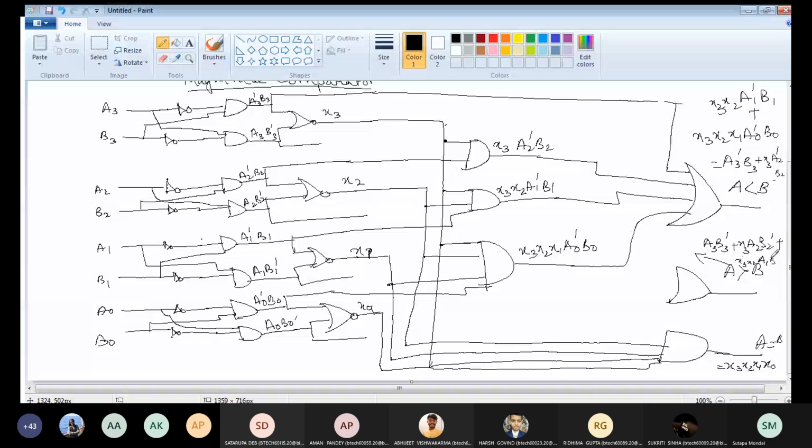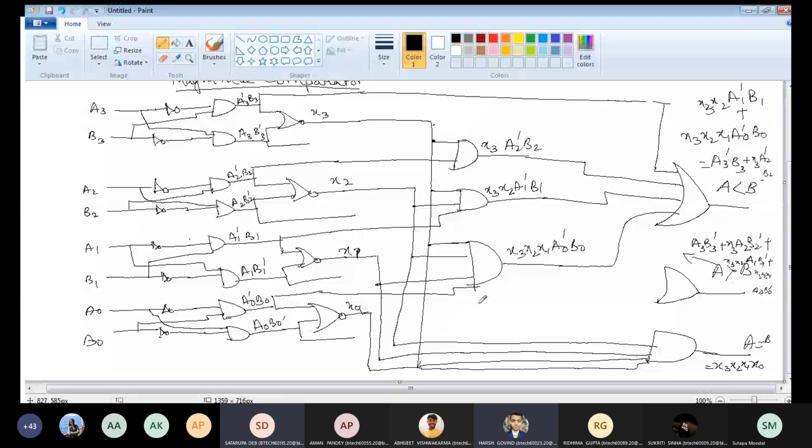A3 B3 dash, A2 B2 dash, A1 B1 dash, A0 B0 dash, and all this X3 X2 X1 X0. Again 3 AND gates you will do and you will take all the output and merge it here. Is it clear, everyone? Yes, ma'am.